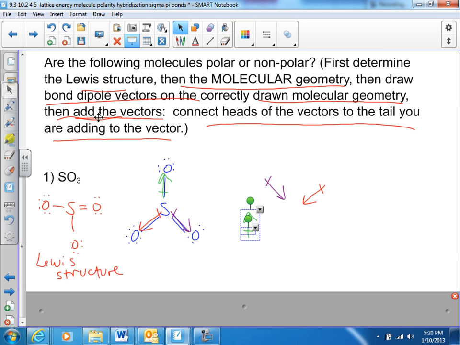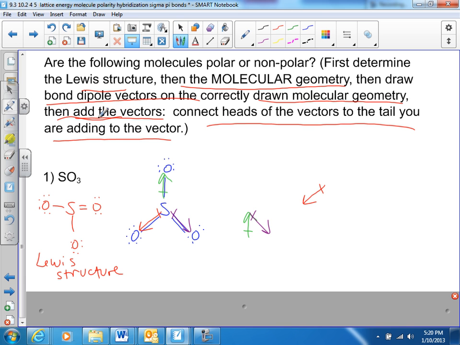So here's my green vector. And now I'm going to take my purple vector and I'm going to add it to my green vector. I connect the tail of my vector that I'm adding. See that right here? Connect the tail of the vector that you're adding. Connect it to the head of the vector to which you are adding it.